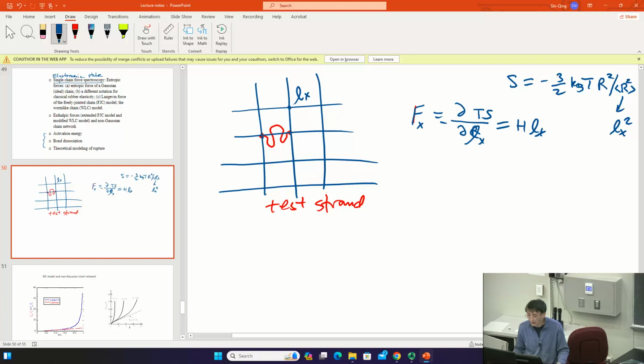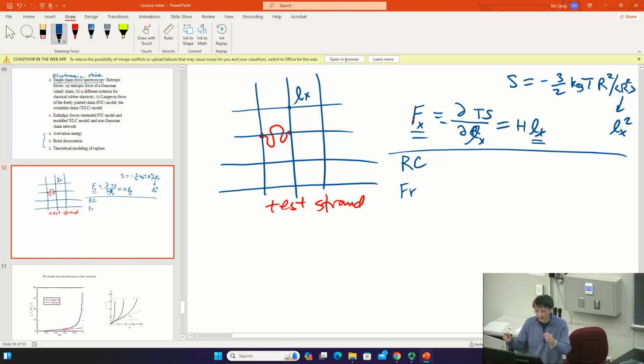I'm going to skip a lot of the detailed discussion, and I refer you to Rubinstein-Colby's book, for example, where it is mentioned that there is a way to think about going beyond Gaussian, meaning this merely says your force will grow linearly with the distance between the ends.